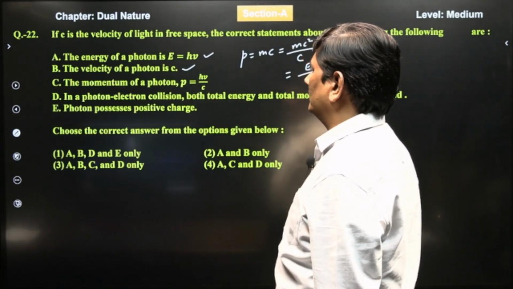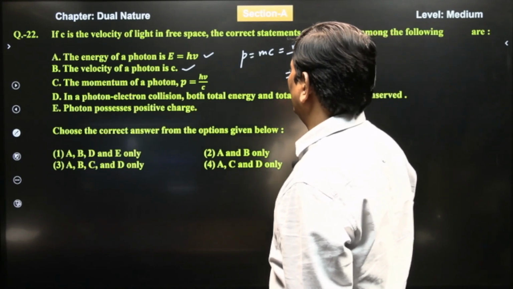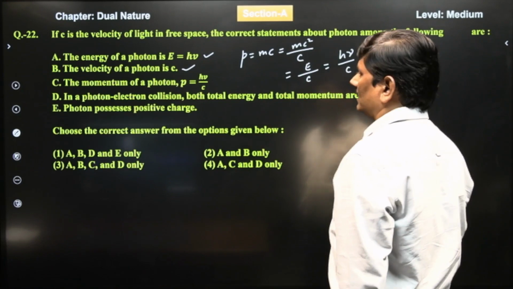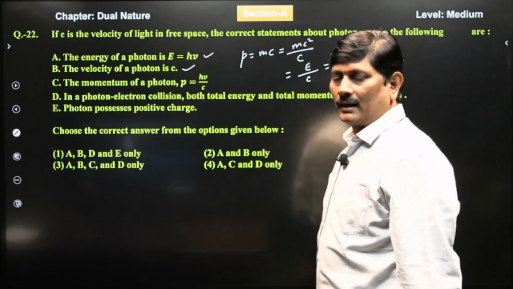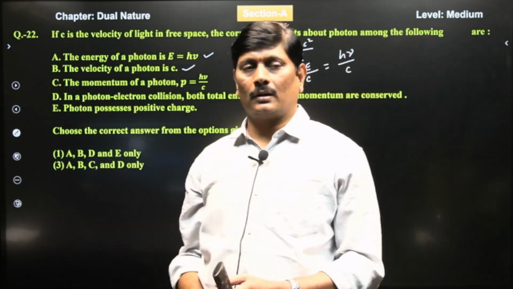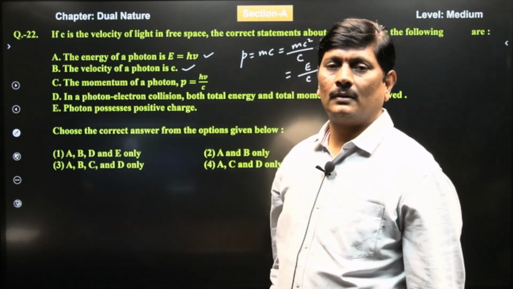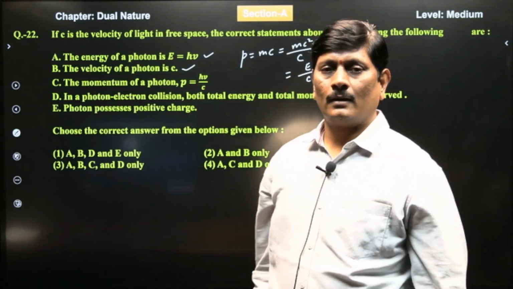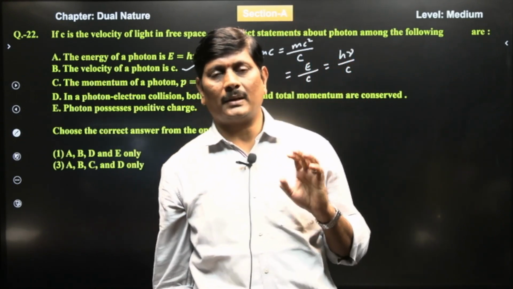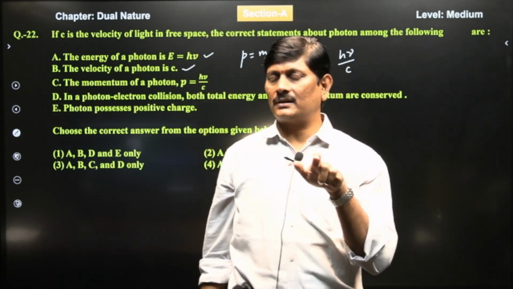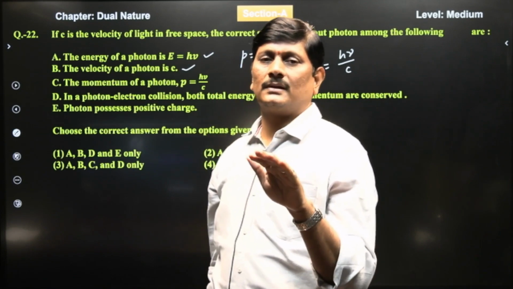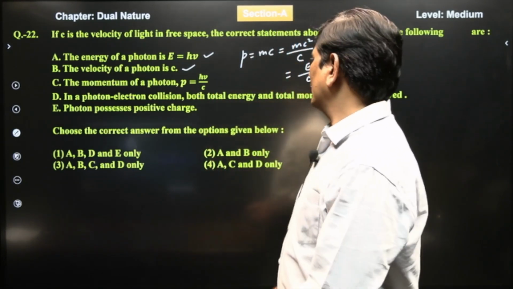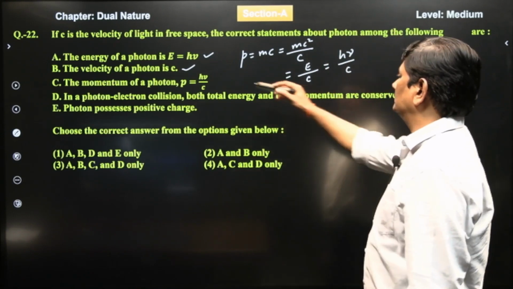Next one is D. In a photon electron collision, both total energy and total momentum are conserved. Photon and electron are fundamental particles. Collisions between fundamental particles are perfectly elastic. Perfectly elastic means conservation of linear momentum, conservation of kinetic energy, and conservation of energy are there. So this is also correct.